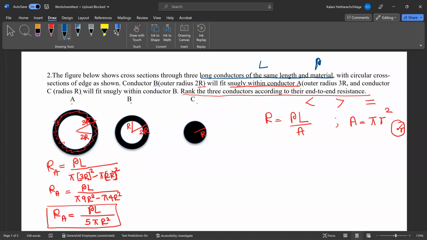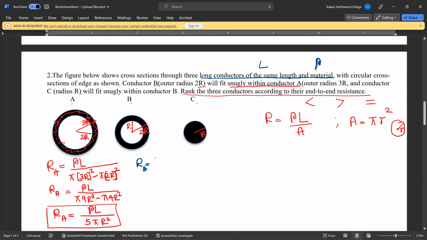So for B, R_B equals rho and L. Now the cross-sectional area will be the larger cylinder, that is pi (2r) squared, minus the inner one, pi r squared. Now solve this, do the same procedure, and you're going to get rho L over 3 pi r squared.